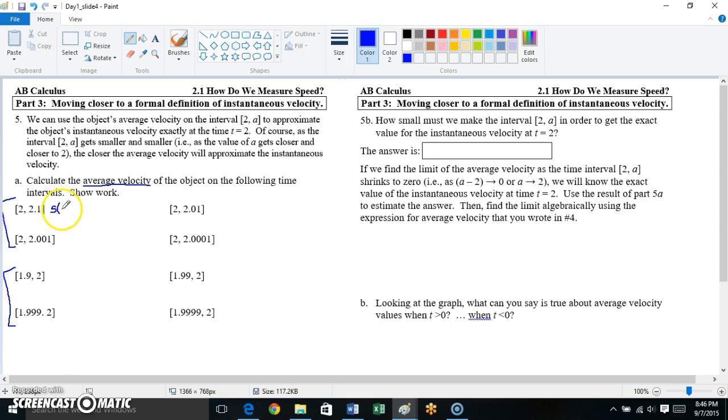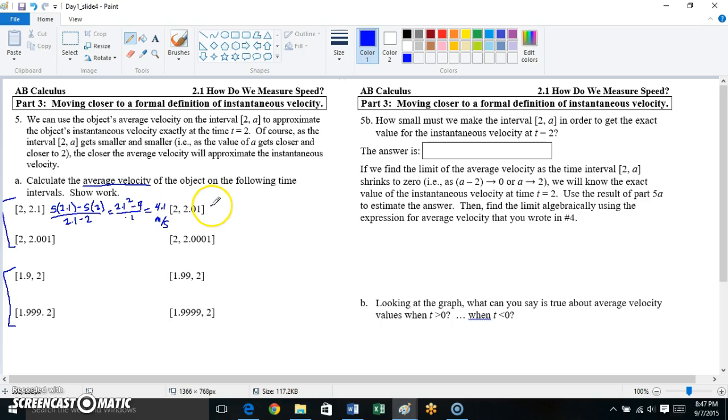So here we're looking at s of 2.1 minus s of 2 over 2.1 minus 2. All right, so 2.1 squared minus 4 over 0.1, and that simplifies to be 4.1 meters per second.